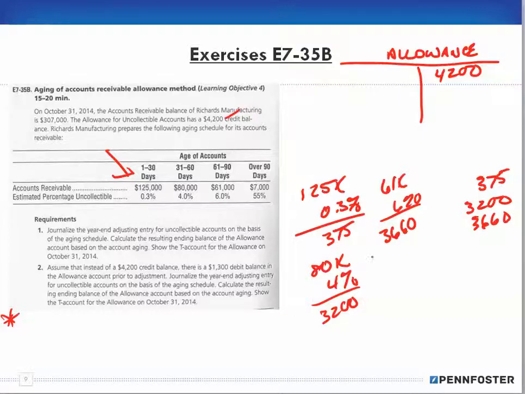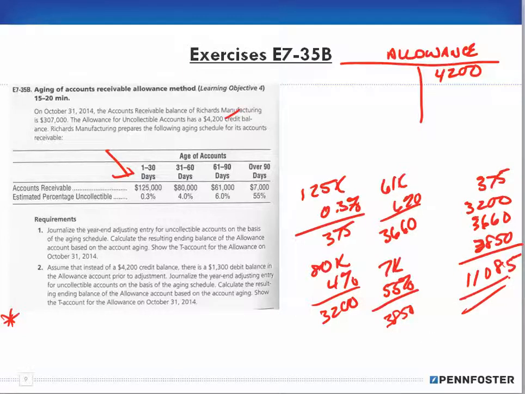And then I have 7,000 at 55%. 7,000 times 55% is 3,850. And when I do the math, I get 11,085. Okay. So if that's the balance that I need in the account, right?